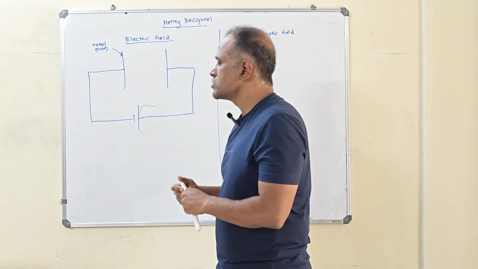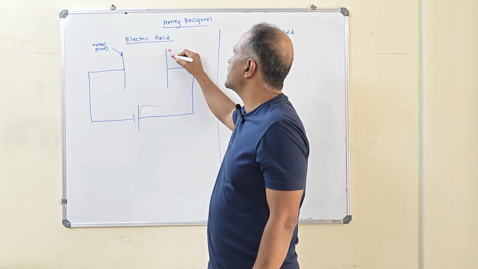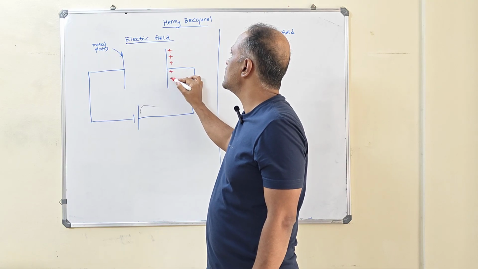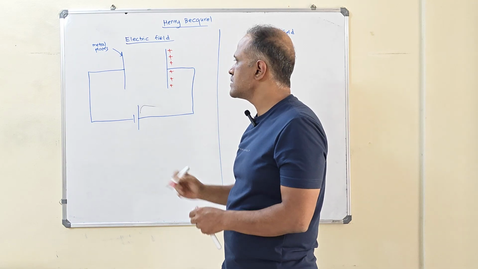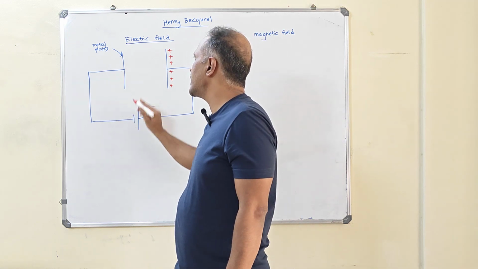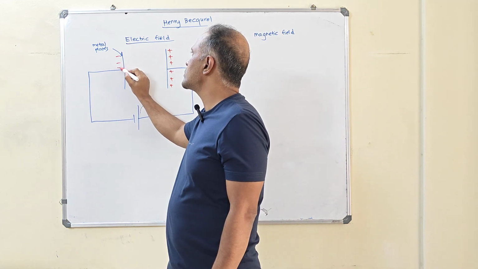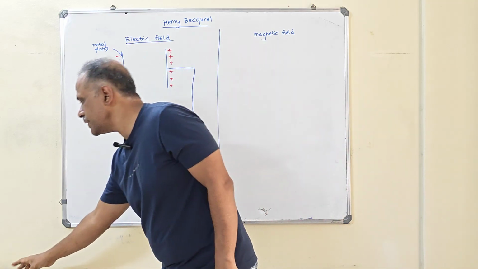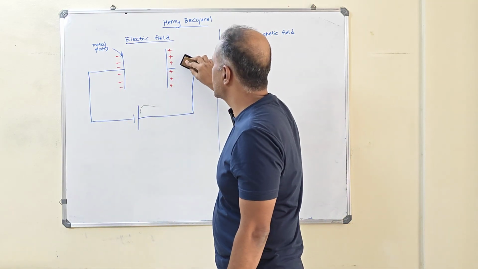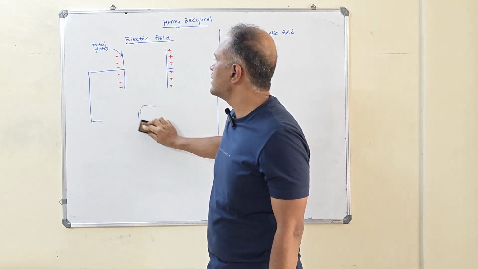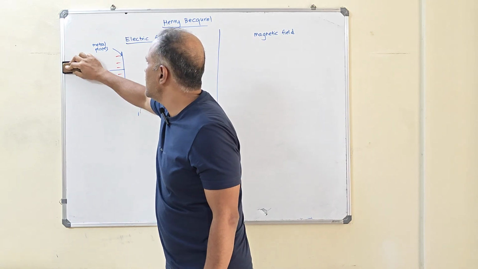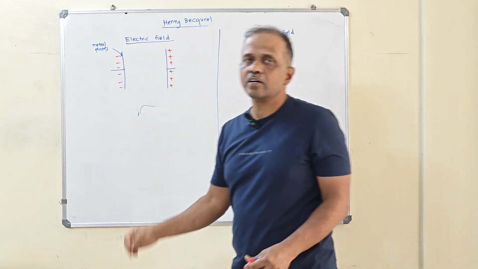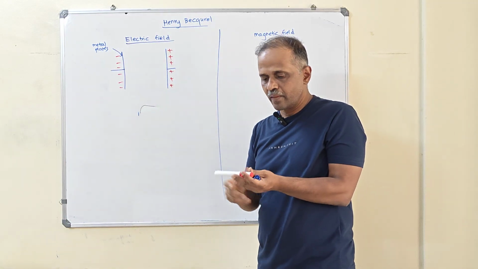You will say, sir, since this plate is connected to the positive terminal of the battery, it will acquire a positive charge, whereas this plate is connected to the negative end, so it will acquire a negative charge. And this is how an electric field is created in the laboratory.